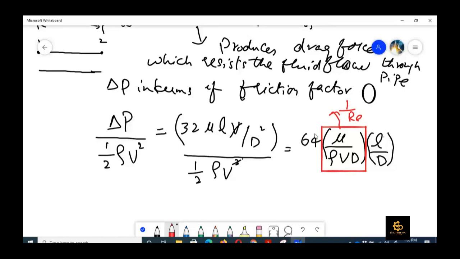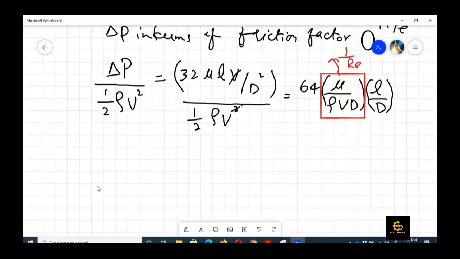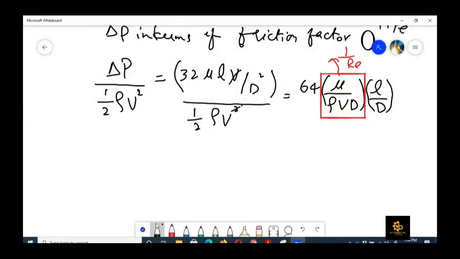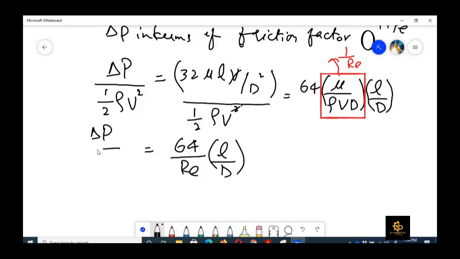So now you can see that we have non-dimensionalized delta P in terms of velocity, and it can be written as 64 upon Reynolds number times L upon D, and this is equal to delta P upon half rho V square.